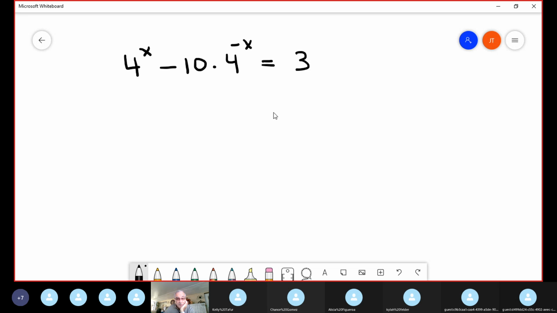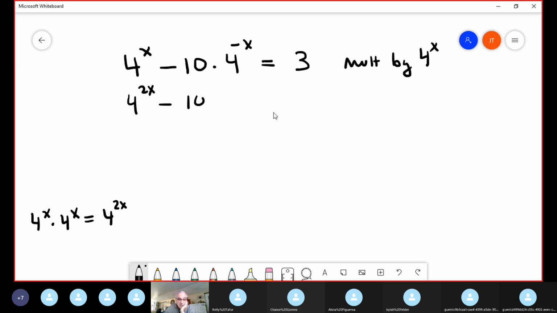Complicated. But I don't like negative exponents. Nobody likes working with negative exponents. So I propose multiplying the entire equation by 4 to the x. Because I know that 4 to the x times 4 to the x, let me copy here in one corner of the paper, is 4 to the 2x. So 4 to the 2x minus 10 times something.